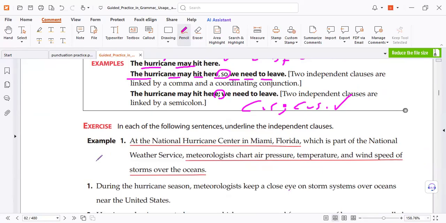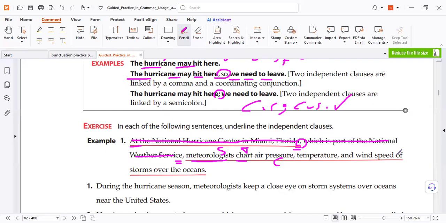Now, let's check the rules. Delete the phrases. Where are they? Preposition phrase, delete. Preposition phrase, delete. Delete the relative clauses, which I can note from the comma to the comma quickly. Part of the National Weather Service, comma, and then the sentence: meteorologist, chart, and then complements.